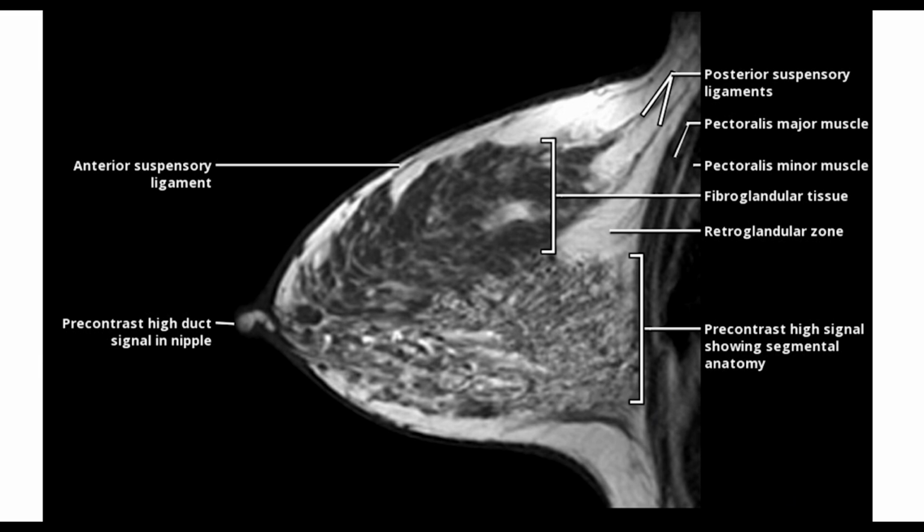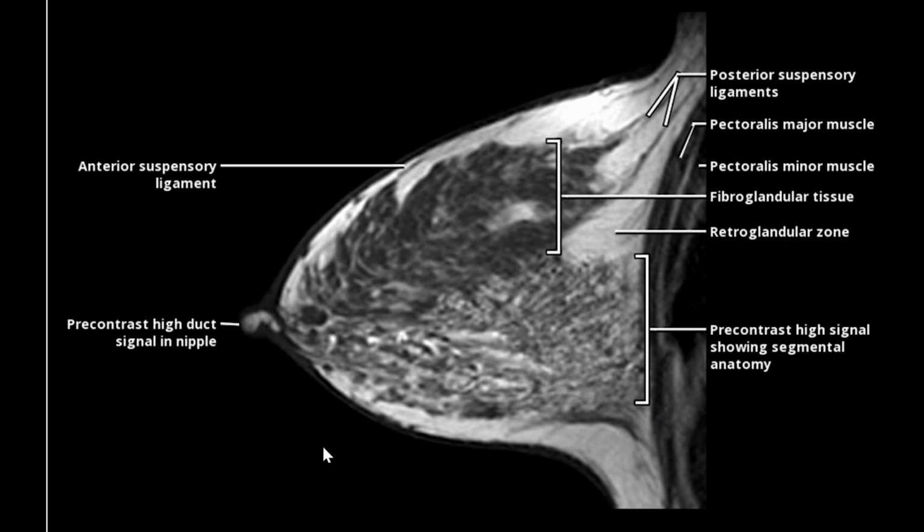Now this is the MRI image of the breast. Breast MRI is one of the most important imaging modalities, and we usually perform T2 and T2 STIR sequences. We will study these MRI sequences in coming lectures, but here it is very important to understand that the density of fibroglandular tissue of the breast varies with the patient's age, and it also varies according to the menstrual phase of the female.